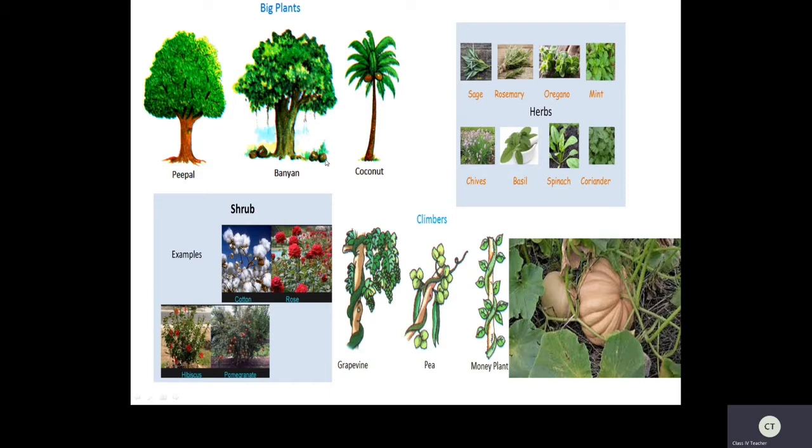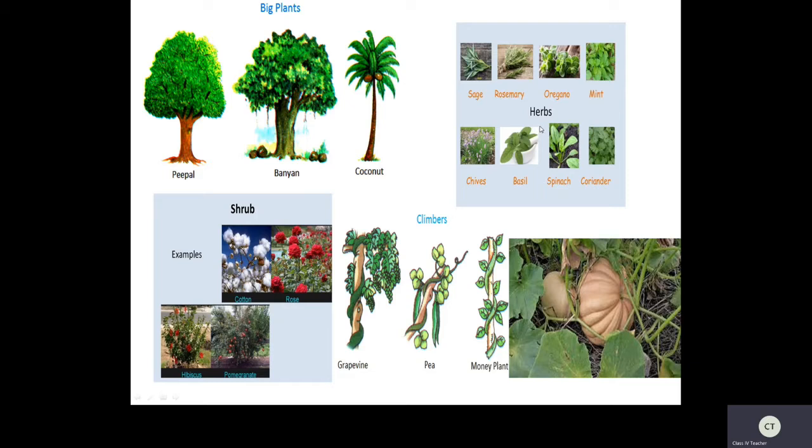Once again, let us observe. In trees, you have seen the trunk, which is brown in color. Right, children? It is the main big stem, and you can see the branches, which are covered with leaves. Have you seen this? Yes.